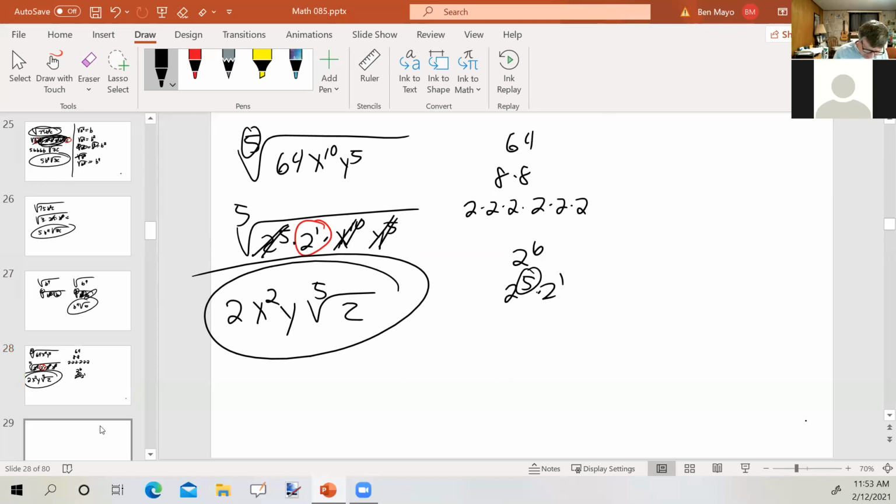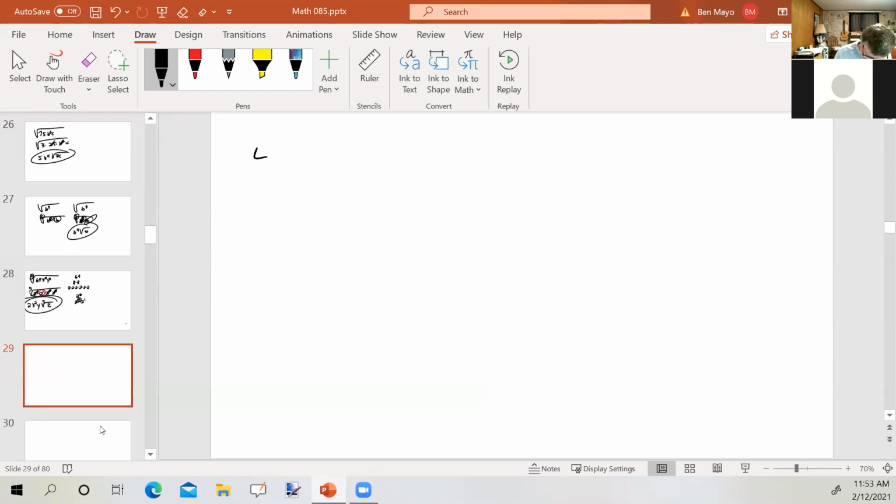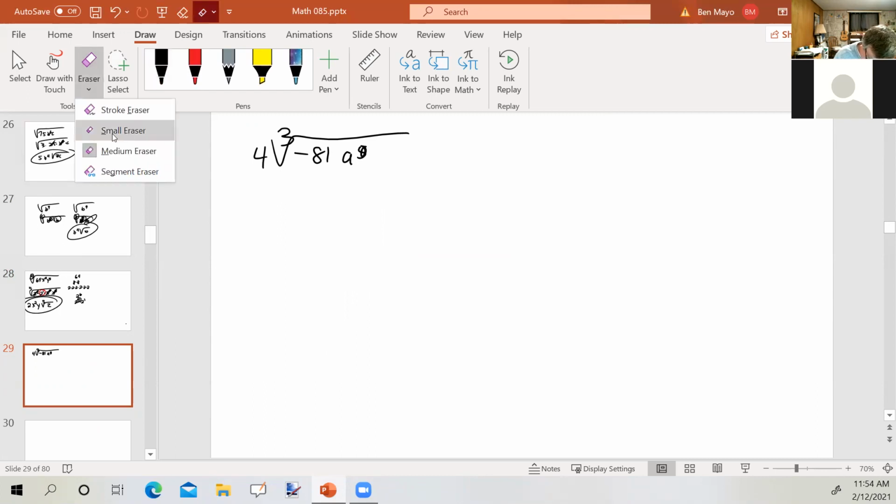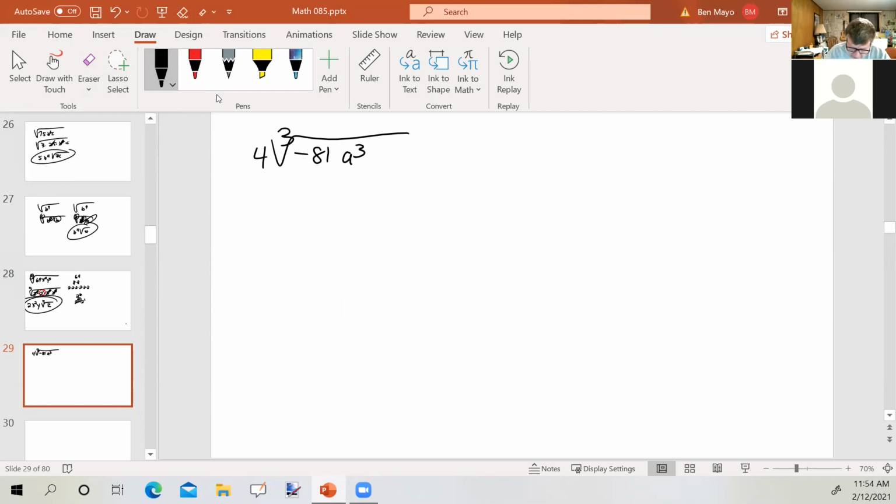Let's do this one. The 4 times the cube root of negative 81a to the 5th power. Wait, it's a to the 3rd power. My bad. Okay. Now, negative 81 is negative 1 times 81, right?